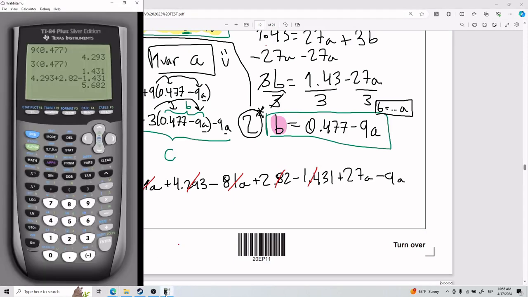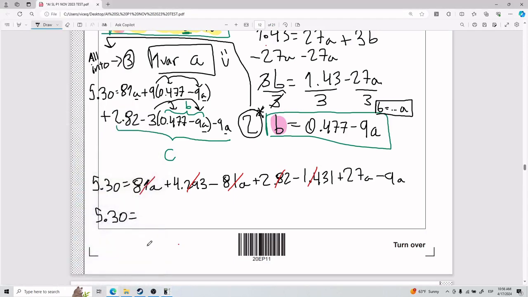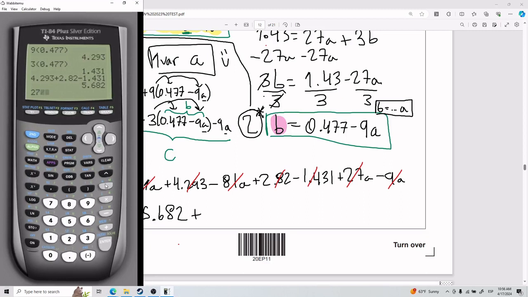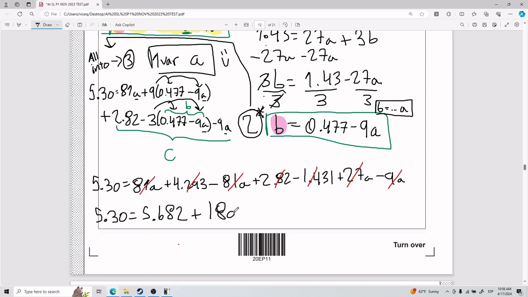On the right side, you end up with 5.682 plus whatever is the remainder of these two A's, right? So 27A minus 9A, I'm pretty sure it's 18A, but I'm going to double check because that's how I am. It's 18A. And now you just need to find the value of A.